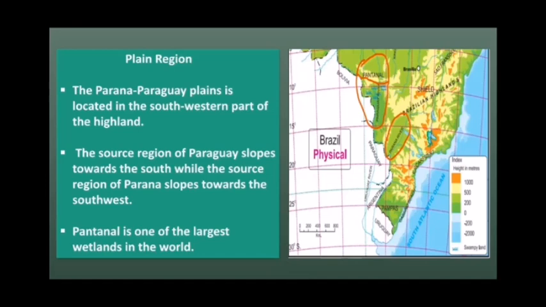Source means from where the river gets its water. Where does it start? Where does that particular river get its source? So that is the Paraguay and Paraná. The source region of Paraguay slopes towards the south, while the source region of Paraná slopes towards the west, that is the southwest side.